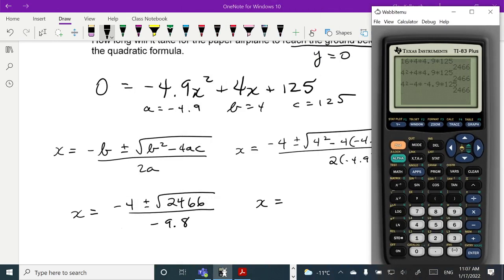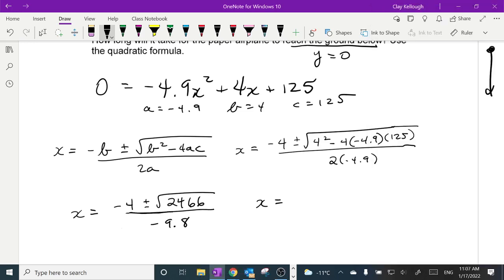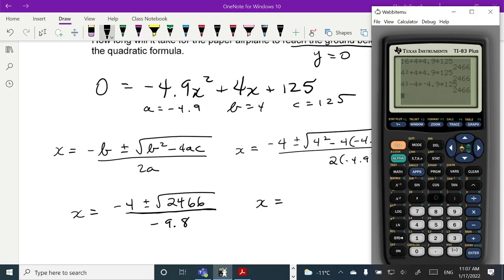Now, we do have to tell the calculator. Remember that calculators do BEDMAS and that's all they do. They don't know that you're dividing the entire top unless you tell it that. So I do need to start with a bracket so that it knows to do this add before the divide. So negative 4 plus the square root of 2466. Now, this is where it depends what kind of calculator you're using.